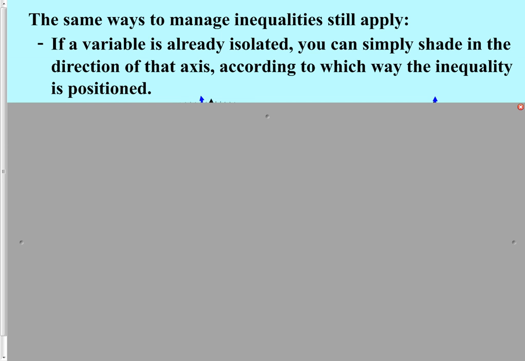Now, we haven't really looked at many inverses this go round, but they are still out there. So if the problem wants to say x is smaller, then we'll shade to the left because that's where the small values of x are. Or if it wants to say x is larger, then we'll shade to the right because that's where the larger values of x are. Okay, so the same stuff still applies.